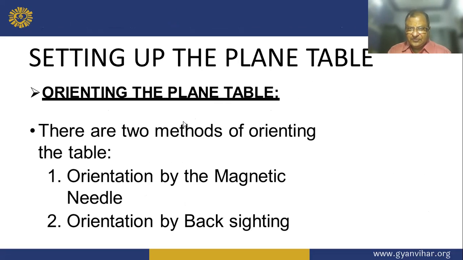There are two methods of orienting: orientation by magnetic needle and orientation by back sighting.